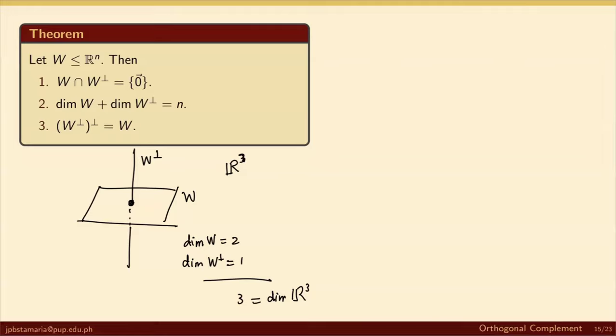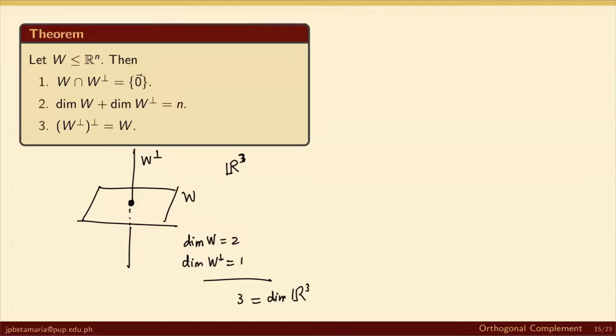In other words, if one is a small space, the other has to be big, right? If W is small, the perp is big. If W is already big, the perp is small. That's why they are called orthogonal complements. Number three tells us that if one is an orthogonal complement of the other, then it happens vice versa, because the orthogonal complement of the orthogonal complement is the same space where it began.